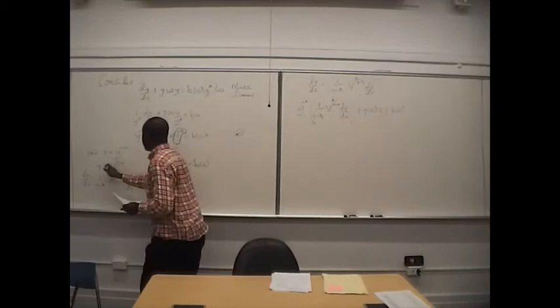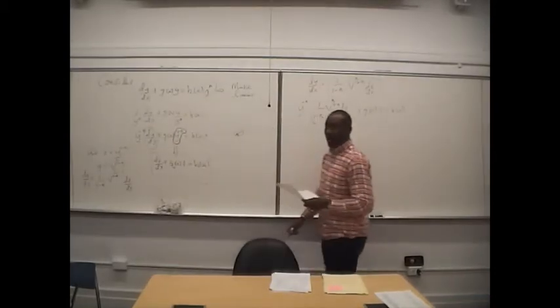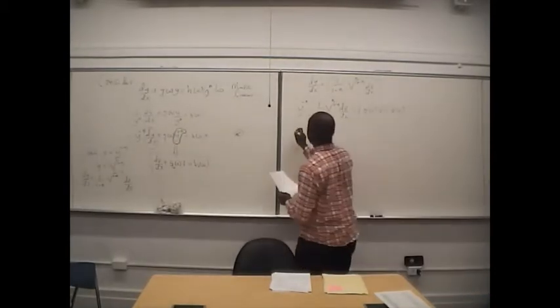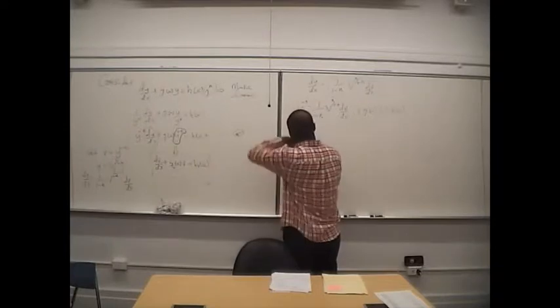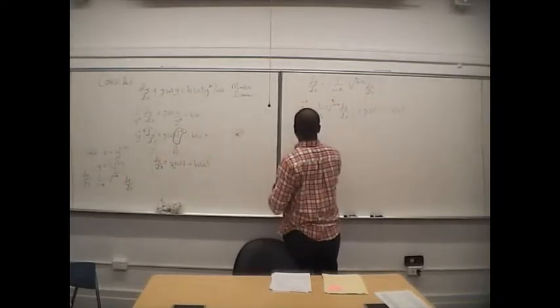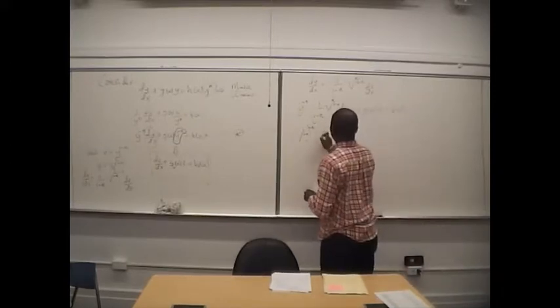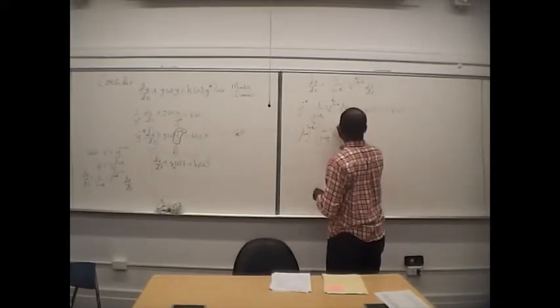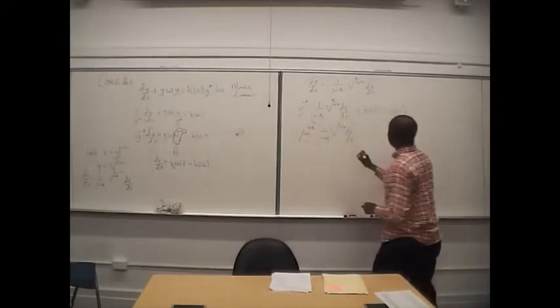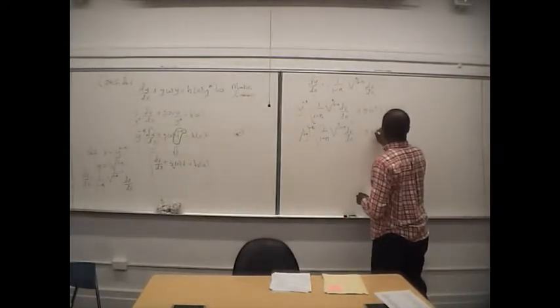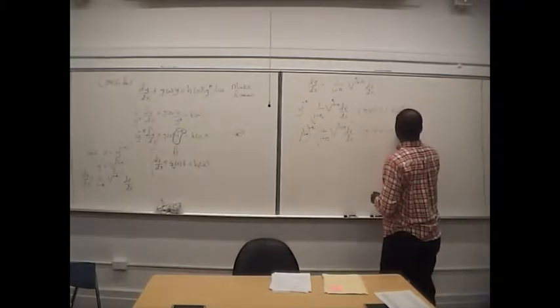Y is v to the power 1 over 1 minus n. So I'm going to replace that. So this is v to the power 1 over 1 minus n, to the power minus n, times 1 over 1 minus n, v to the n over 1 minus n, dv dx, plus q of x, v equals h of x.